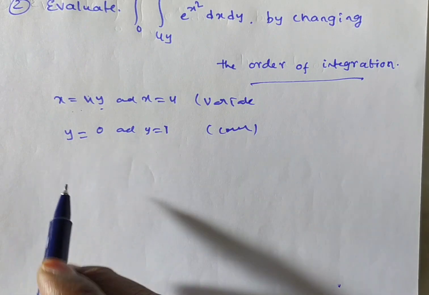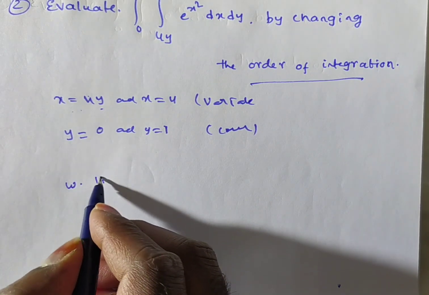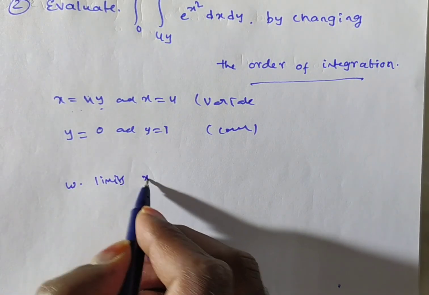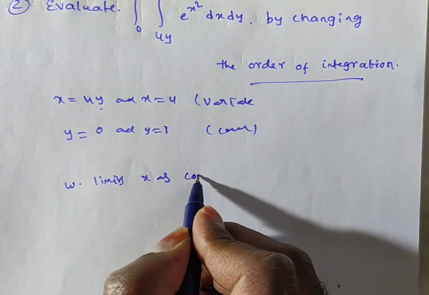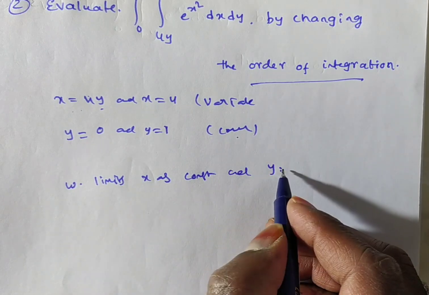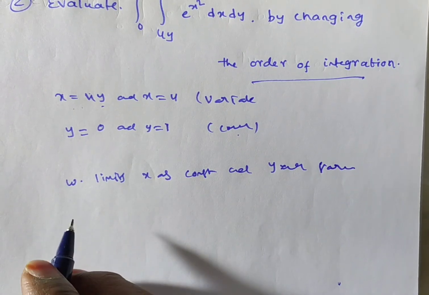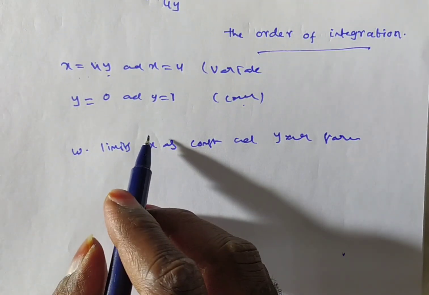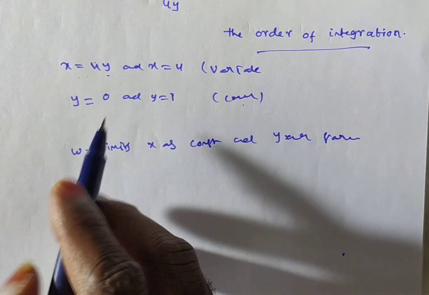Now in words you have to write like this. To change the order of integration, we require to find the limits of x as constants, and the limits of y as variables.